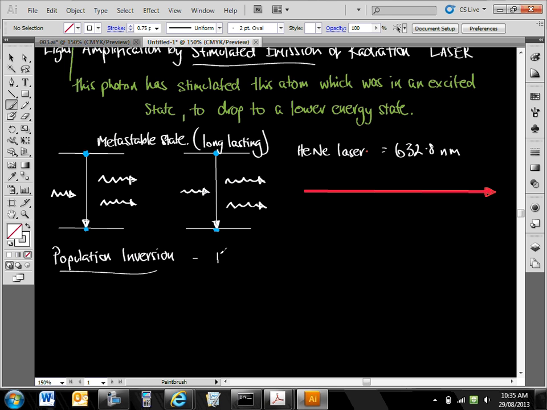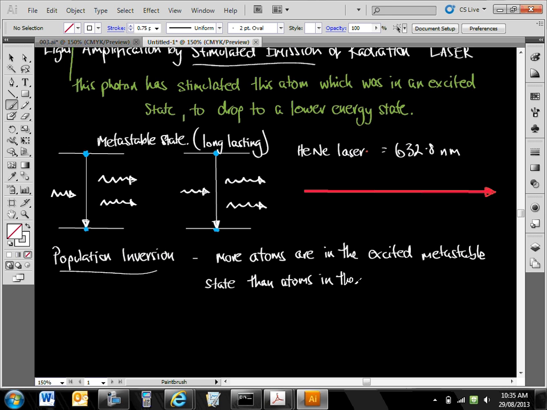It's just simply more atoms in the excited metastable state than atoms in the lower state.